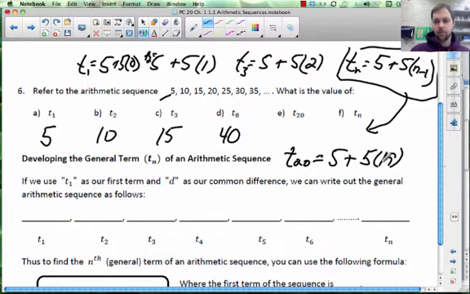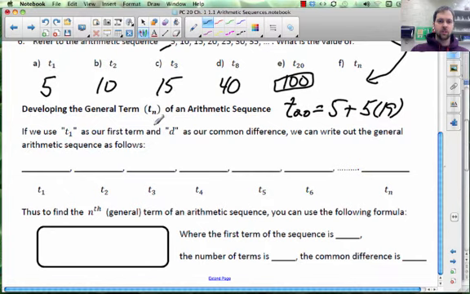Okay, 19 times 5 is 95, and then we add 5 and we get 100, which is your answer for T20.